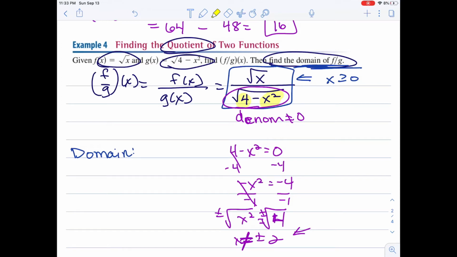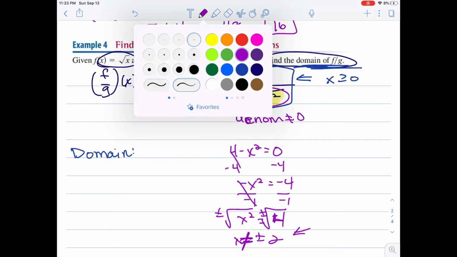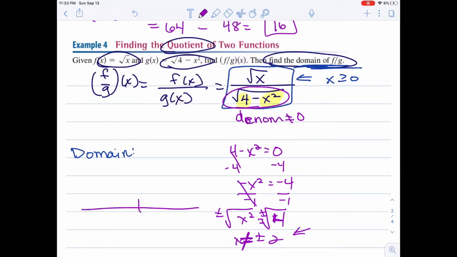So I'm just going to make this visual for you. On our number line, here's 0, here's 2, here's -2. We know our values cannot be 2 and cannot be -2, right? But we also know our x value cannot be bigger than 2 and cannot be smaller than -2.